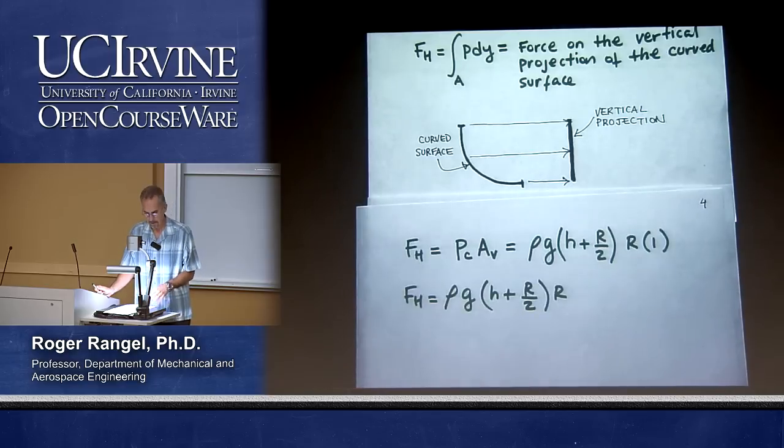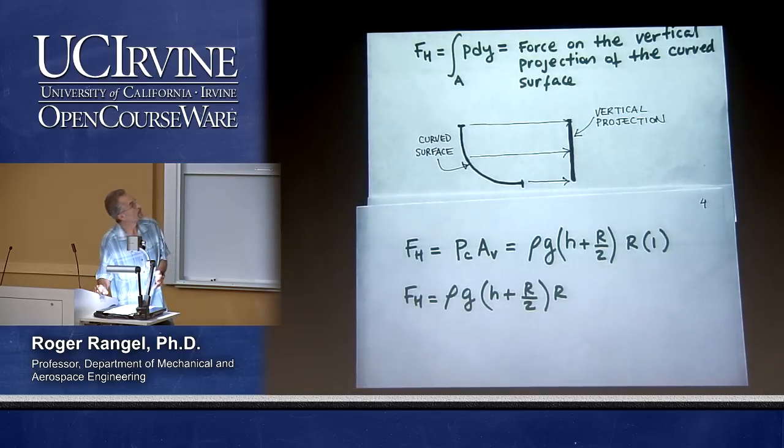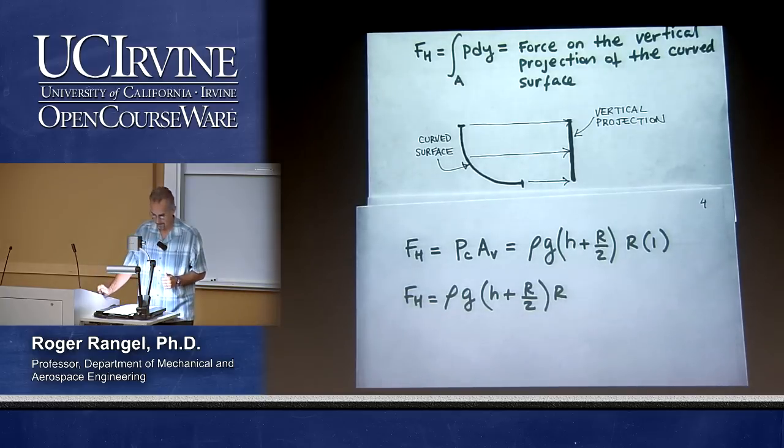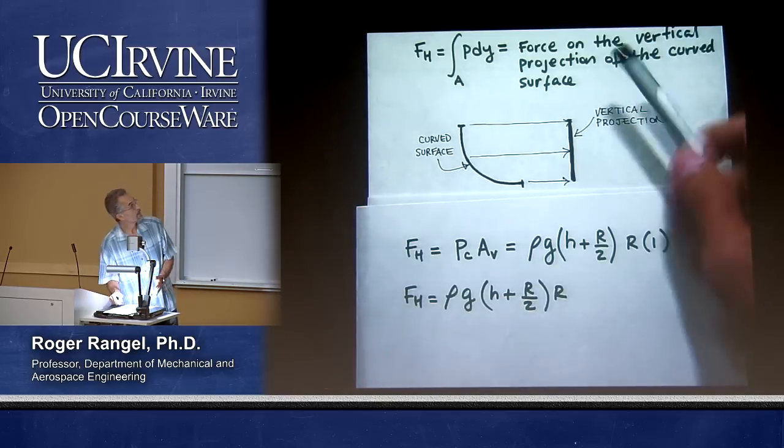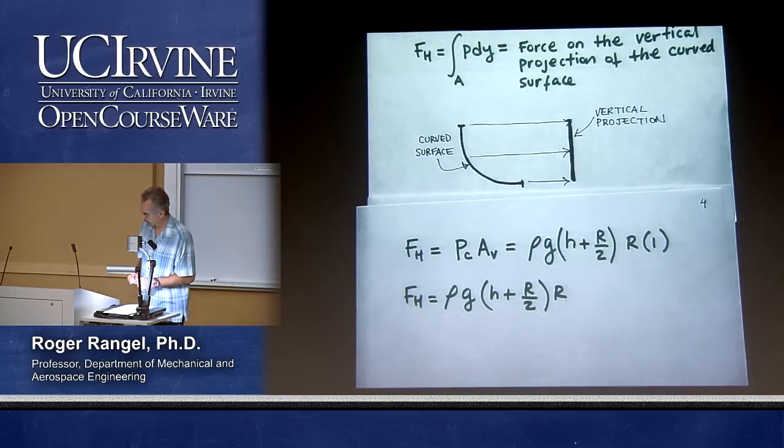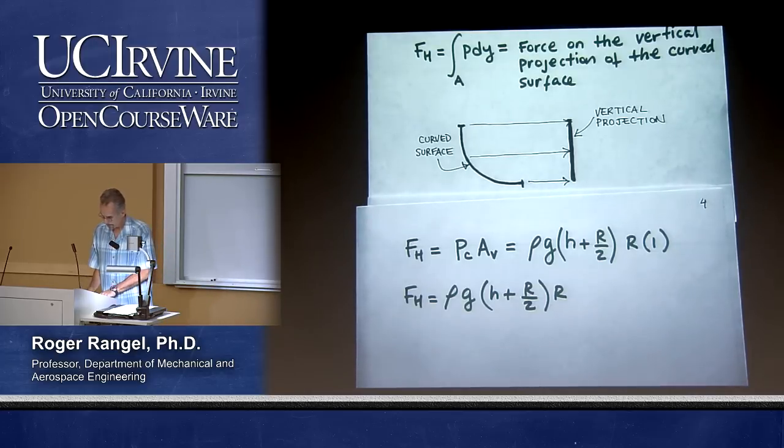They don't really change. You're still computing the vertical force as the weight of the fluid above the surface, and the horizontal force as the force on the projected surface. So even though the calculation is two-dimensional, the extension to three-dimensional is analogous.